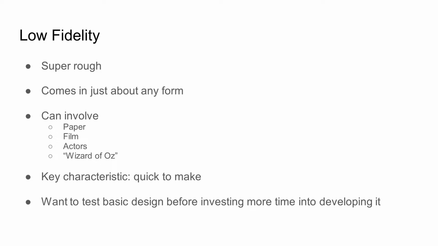The main thing really is the low fidelity prototype is quick to make. It is quick to make because we want to test things as soon as possible. And what's implied in here as well is that we want, at this stage, a really, really short iterative design cycle.